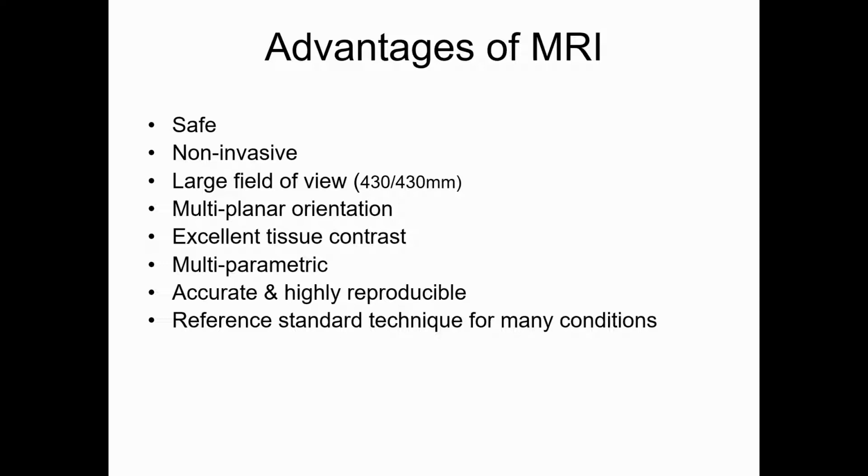It is highly accurate and reproducible, and as such, it's the reference standard technique for many of the parameters that we want to measure, whether that's left ventricular volumes, right ventricular volumes, atrium, whatever. It is so reproducible that it has become the sort of industry standard, if you like, particularly around clinical trials where reproducibility is so important.